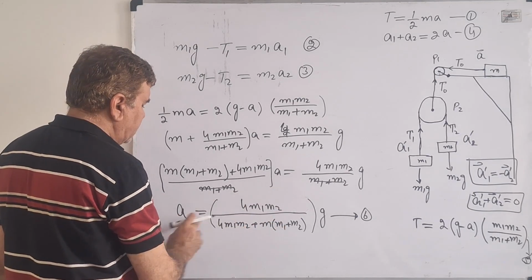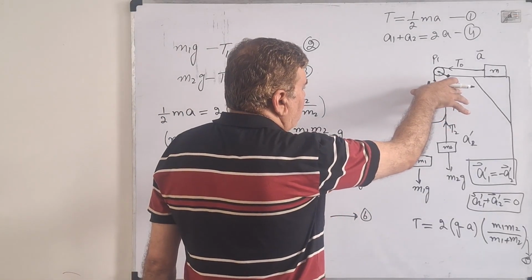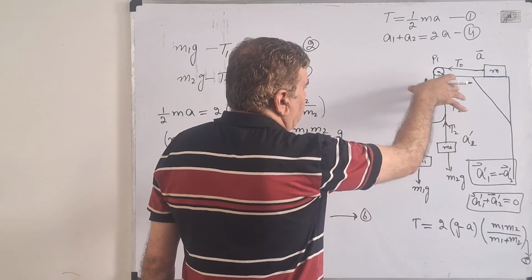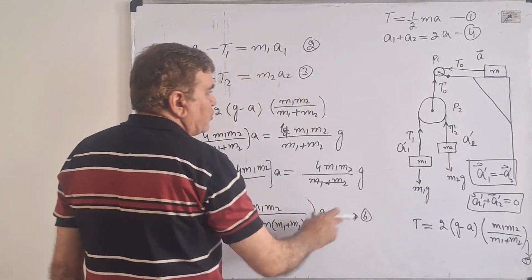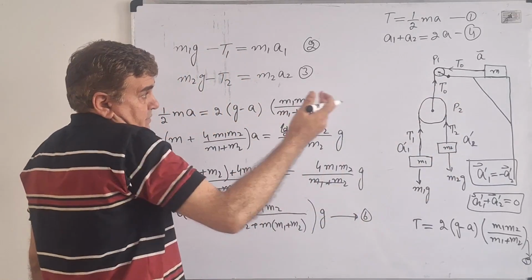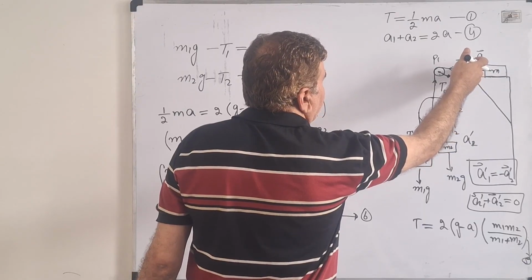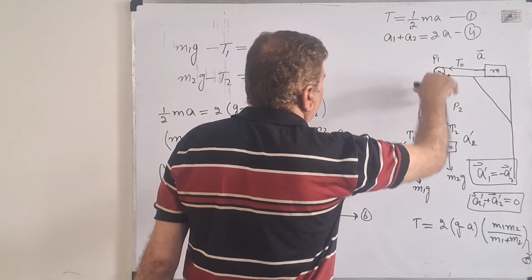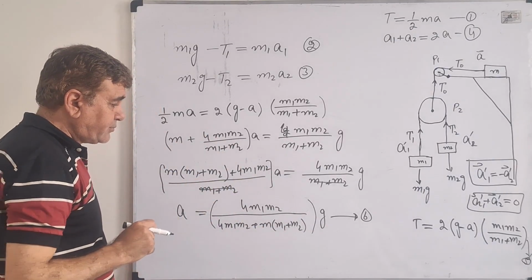That will cancel, and we will be left with a equals g. This pulley will be moving freely with acceleration g, a free fall, and that's obviously the case because this is frictionless. If I cut this string somewhere, everything will be moving down with this acceleration.